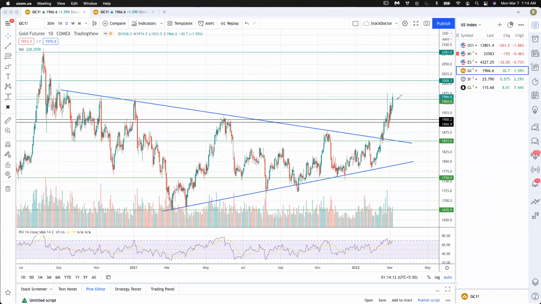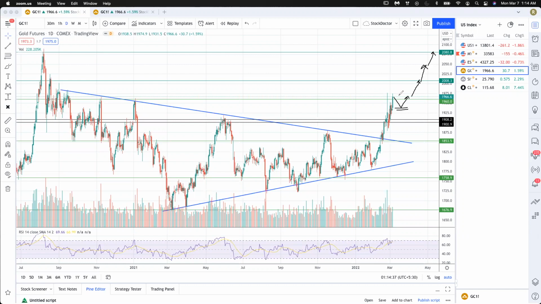Now, where is the pullback? Pullback can be possible to this point, 1940. If gold comes around 1940 and then again starts going up like this, then it is good for me to get in from the lower side.